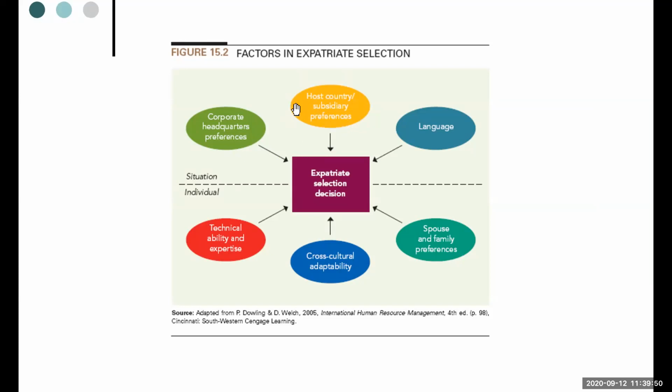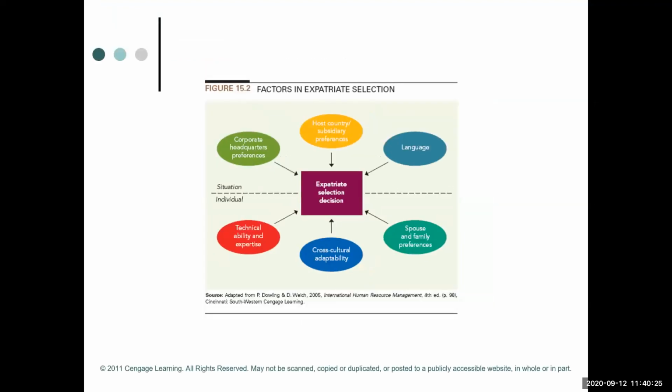Host country, so India's office would have agreed that yes, we can send Rajesh. And language: there would be a common language, I think English, which would become the medium of communication when he was abroad. So these factors are divided: one is the context in which the expat is called, and then there are the individual parameters. These combine together to influence the expat selection.